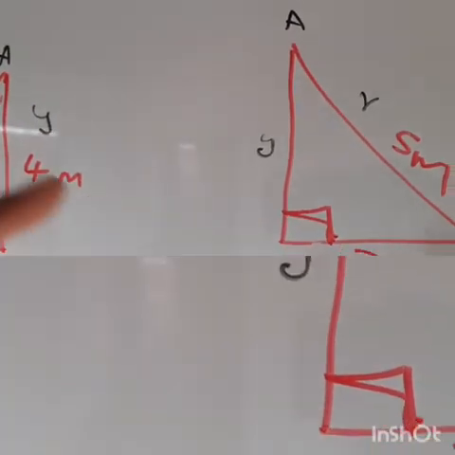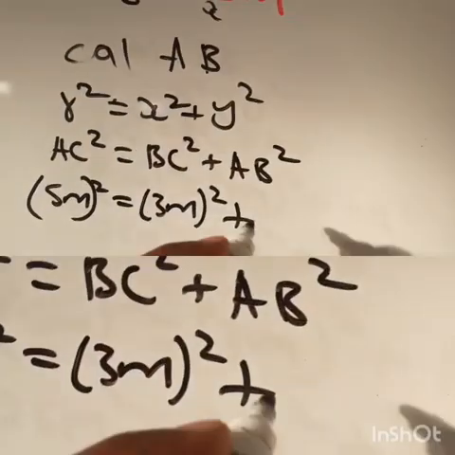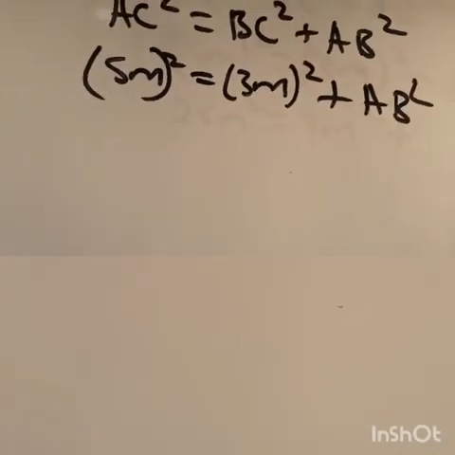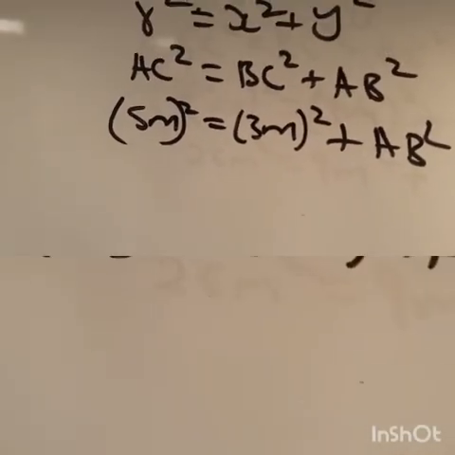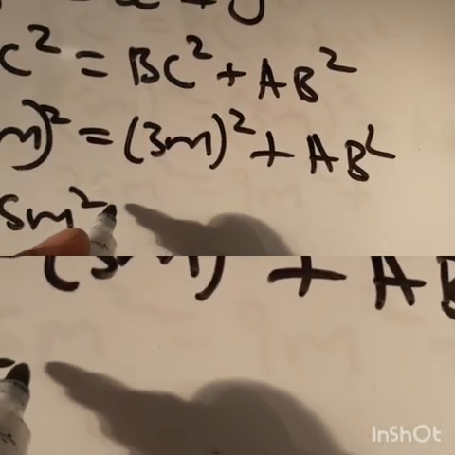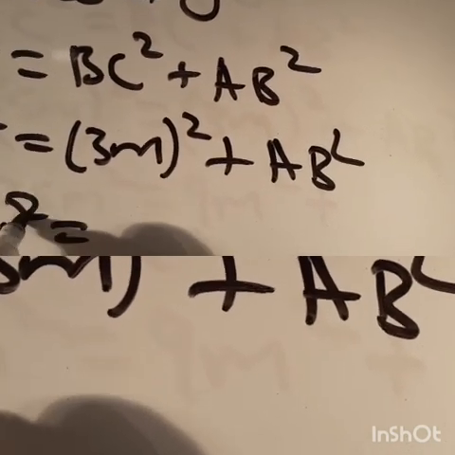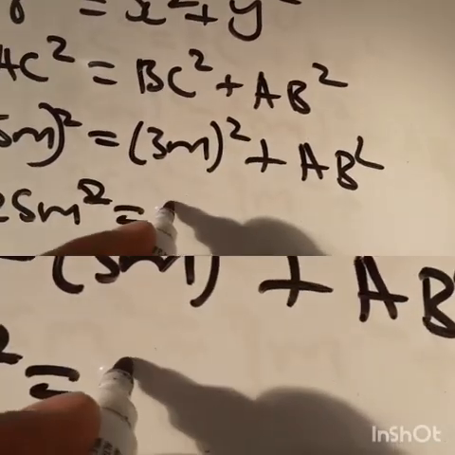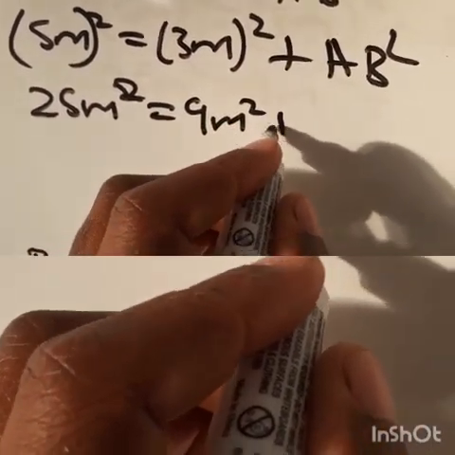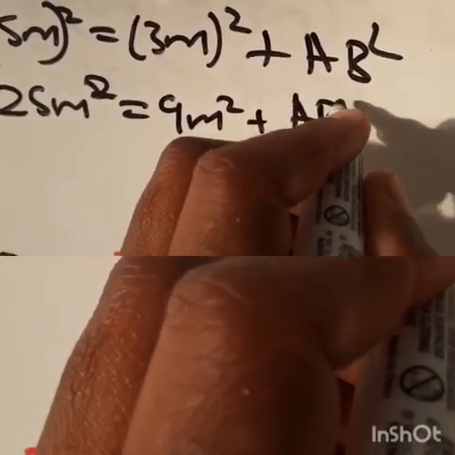You notice where there is AB, I was given nothing. Therefore, I continue writing AB squared. Now I need to work this out. My 5 meters, 5 squared is 25, meters squared is meters squared, is equal to 3 squared will be 9, m squared will be m squared, and I'd have my AB squared.